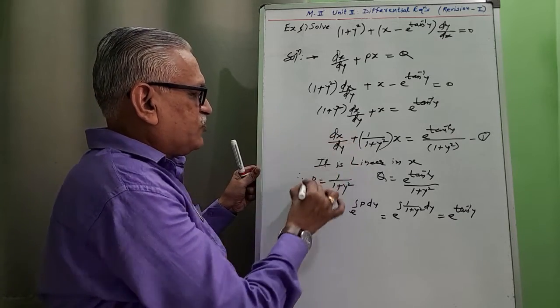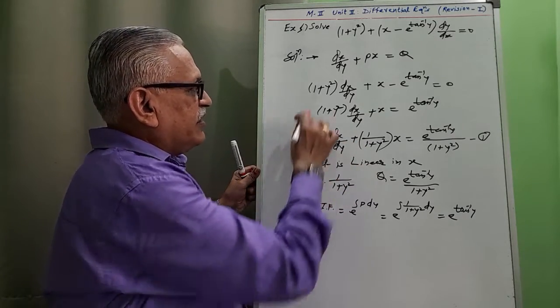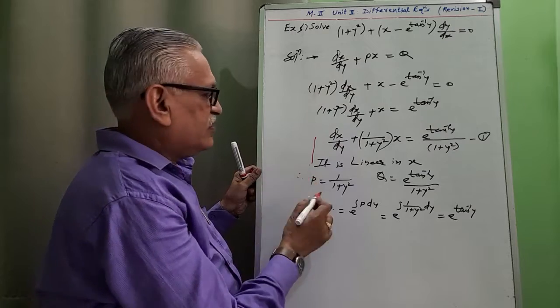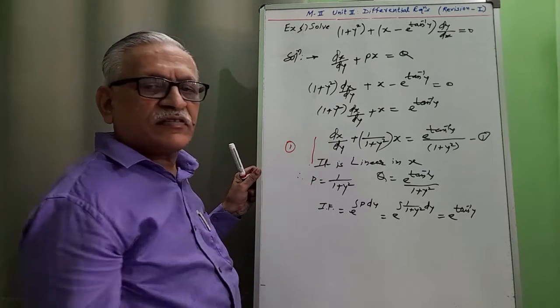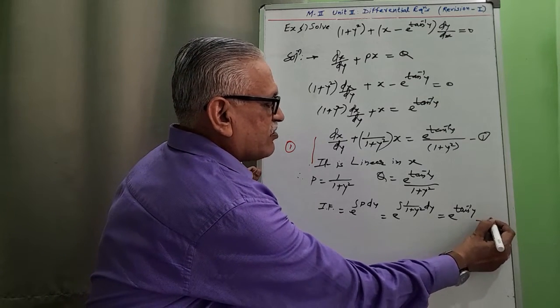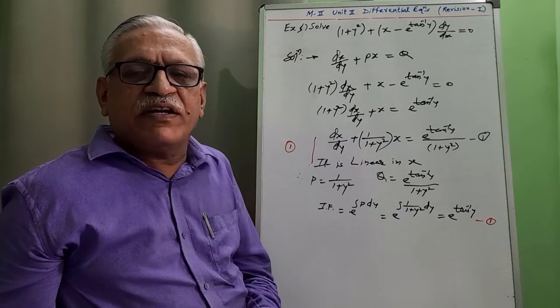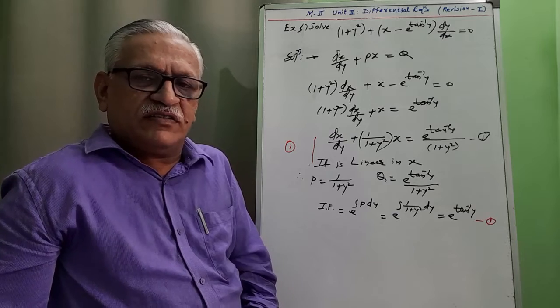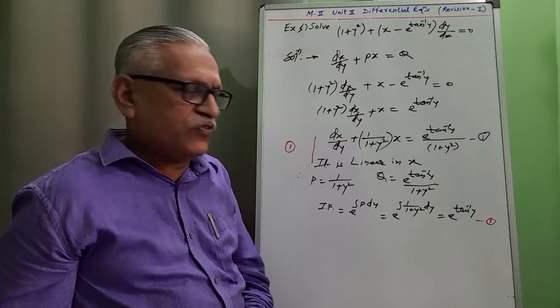For this step, showing that it is linear, converting in this way, you will get 1 mark. Getting the value of IF, another 1 mark. And the remaining 2 marks are for the remaining steps, meaning finding the solution.